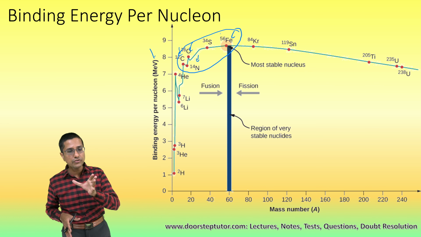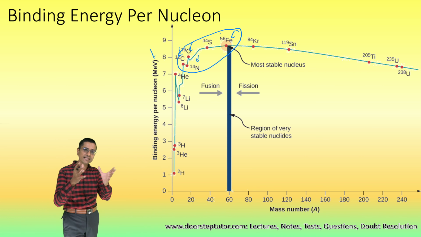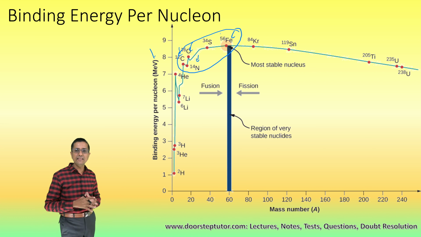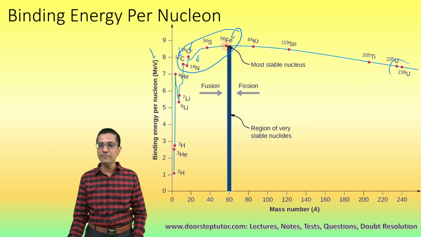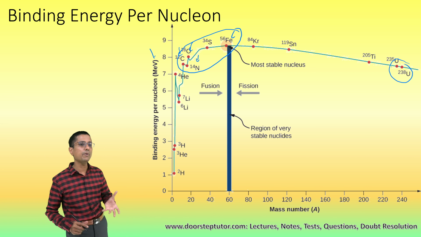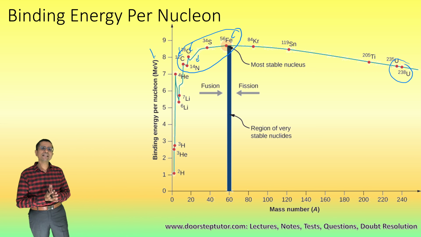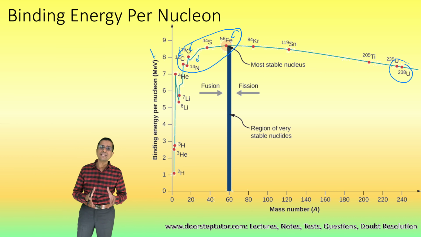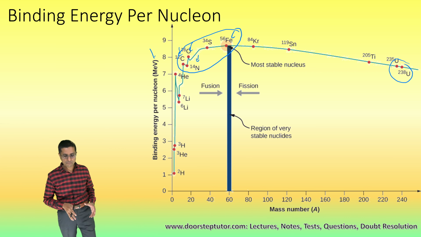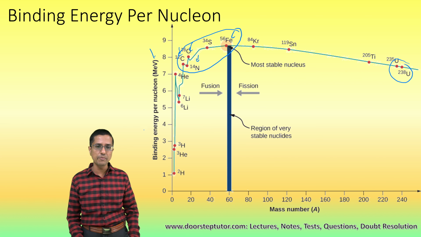That is why these elements are more abundant than other elements such as uranium and thorium, which have relatively less binding energy per nucleon.